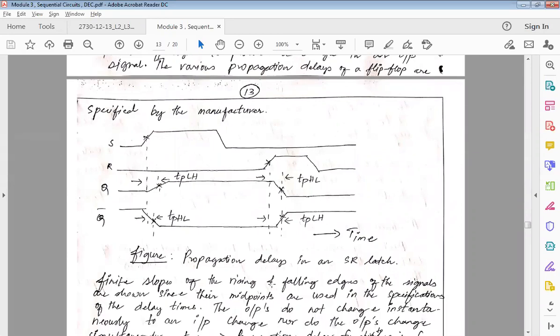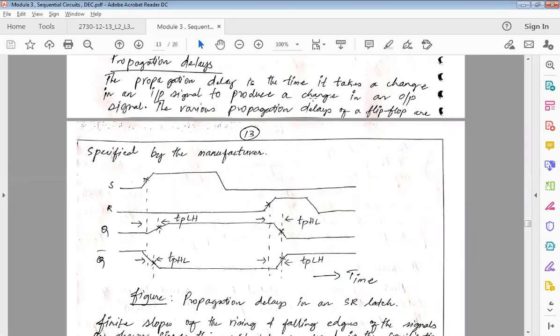The propagation delay is the time taken for a change in an input signal to produce a change in the output signal. The change you see here from 0 to 1 is happening at this instant of time.